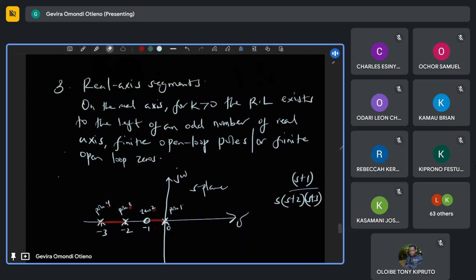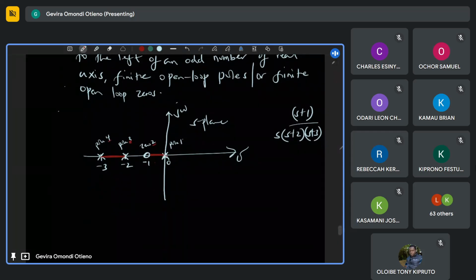So now let's go to rule number four. Today, at least, I needed us to draw a root locus before we go. Number four is the starting and ending points of the root locus. Notice these are just rules that help us sketch a root locus without having to do mathematical manipulations. So where does the root locus begin and where does it end?